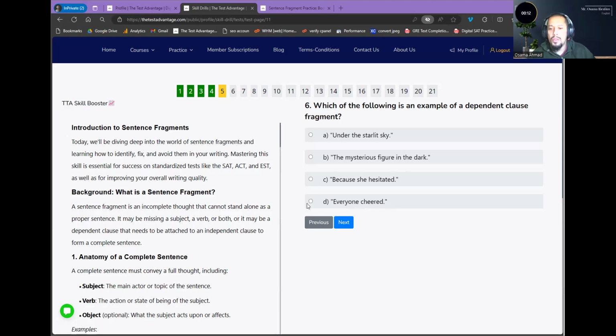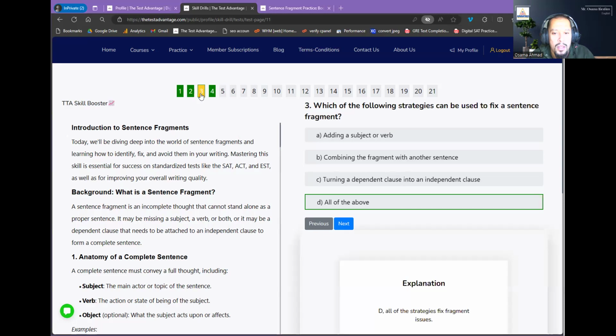I'm sorry. There's another issue here in number 5 and 6. They're all dependent, guys. They're all dependent. Apologies. And which number was it? Number 3 and number 6.